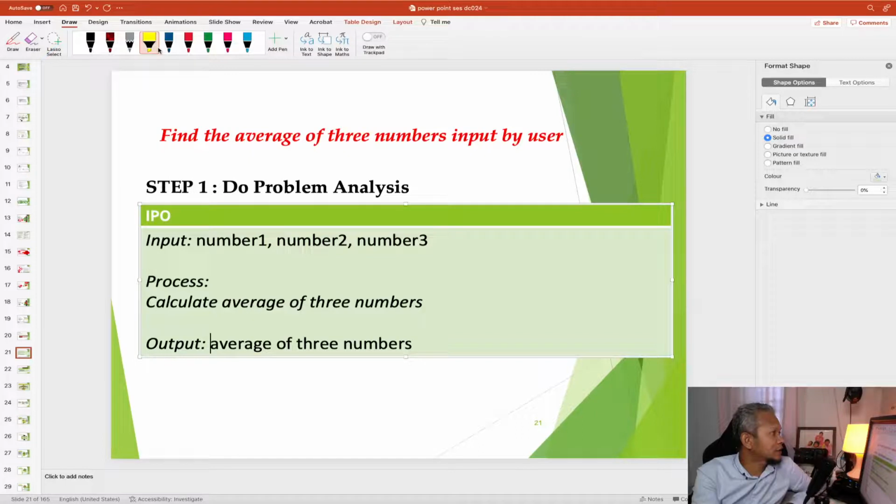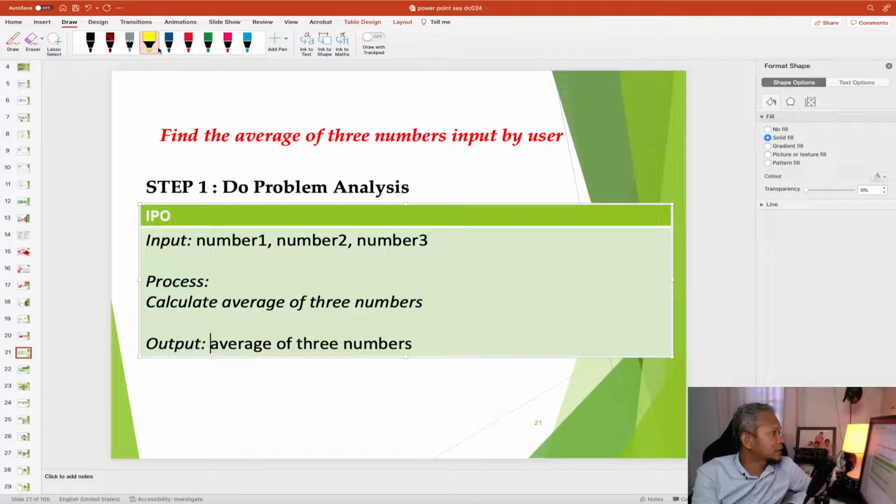And then we transfer to the pseudocode. Firstly, you need to write start and stop. And then you write the read. Read means enter, read means input. Otherwise, what we can use instead of read is enter, input, get, put. All these words represent entering input into the computer.